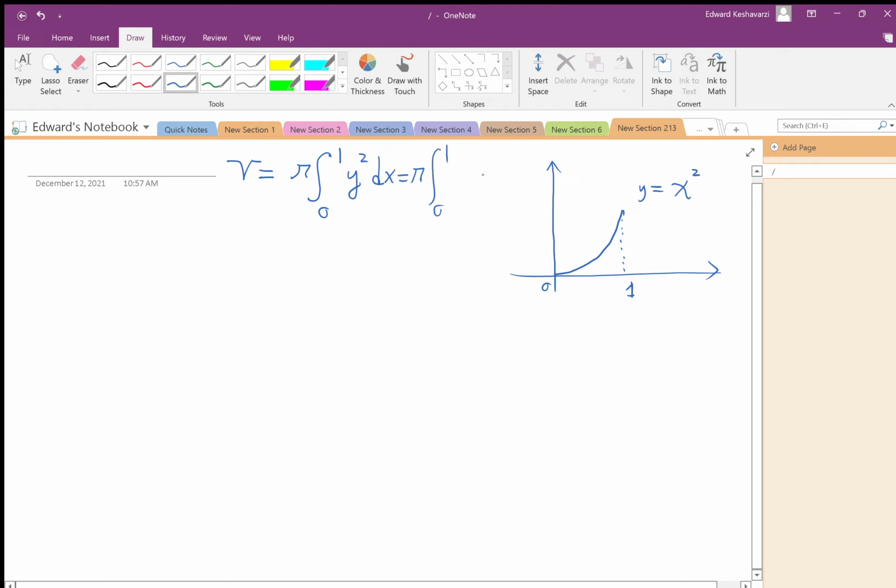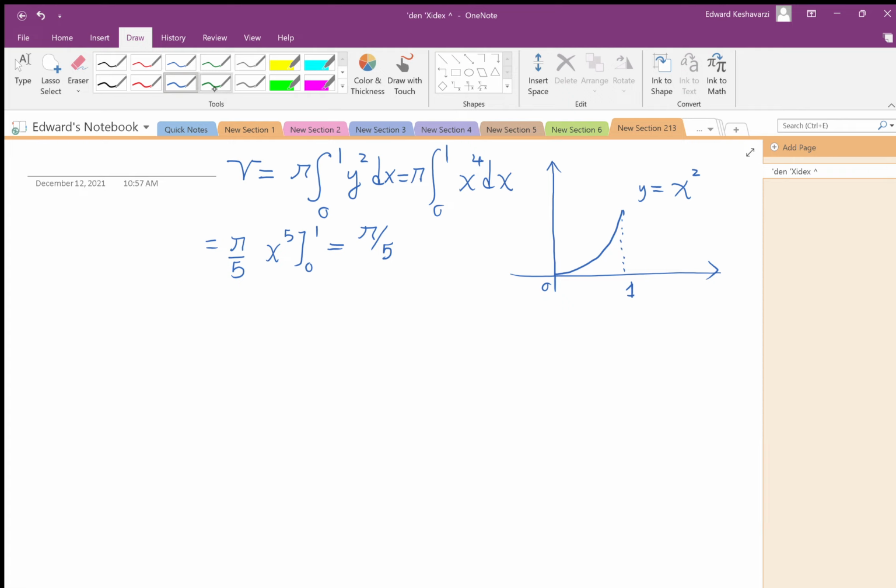Since y equals x squared, it would be x^4 dx. Integral of x^4 is 1/5 x^5 from 0 to 1. So it's going to be pi over 5.